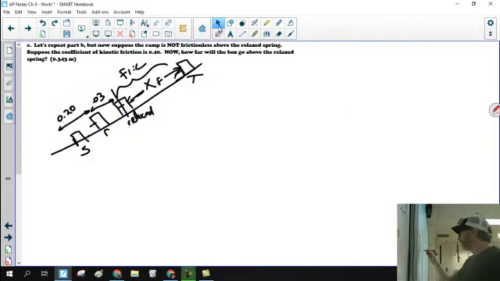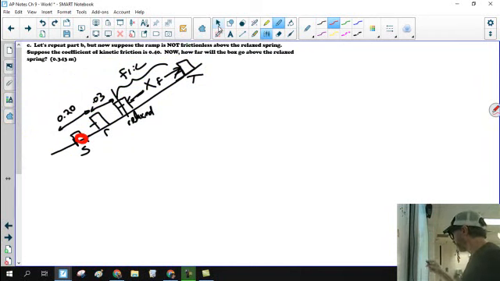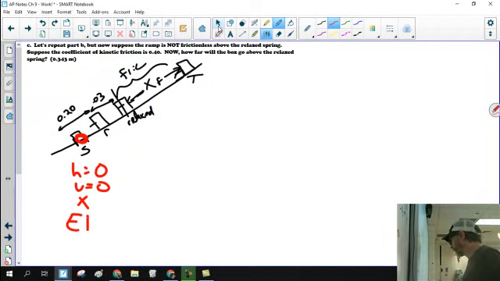Okay, so what do we know? Well, at this point down here, we had decided previously that we were going to call that a height of 0. We knew that the velocity was 0. The spring had been squished, and so we had calculated our elastic potential energy before. And it was 12.9605.